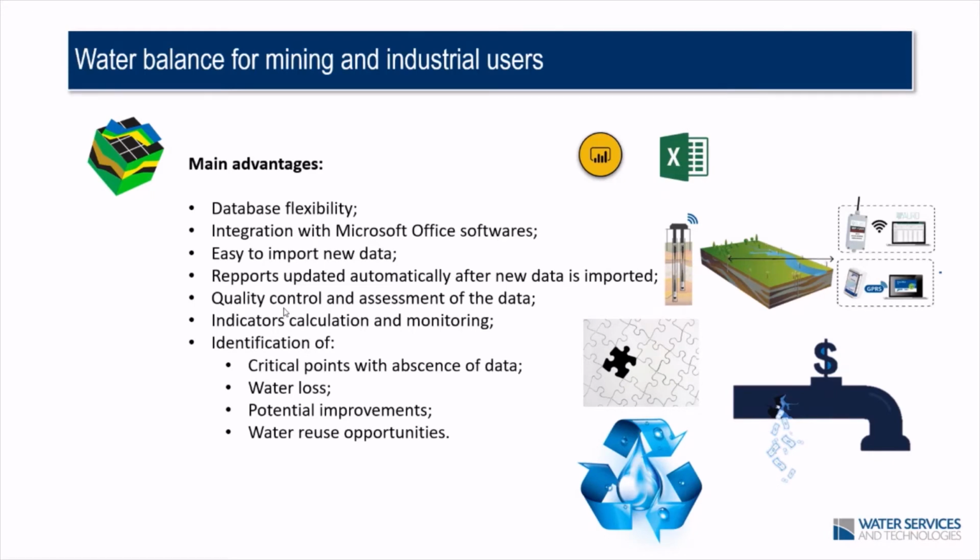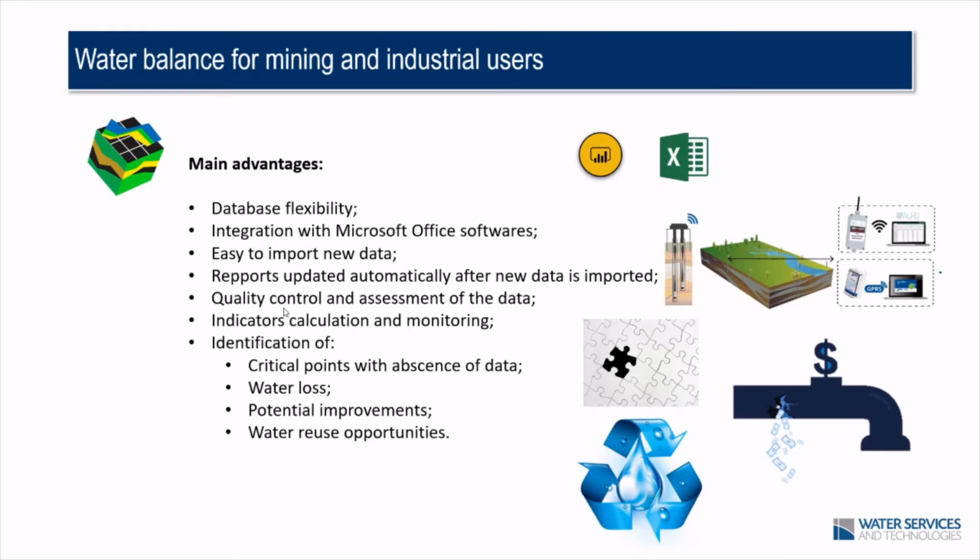For example, if we know that the water that goes out of the wastewater treatment plant could be good enough for some industrial use, and we know the volume of this water, we could identify a good opportunity here to reuse this water before returning it to the environment.